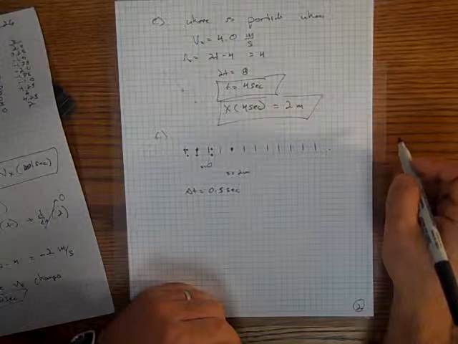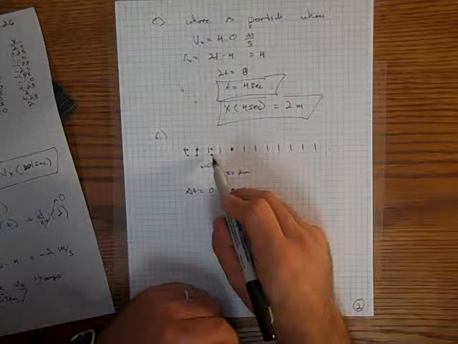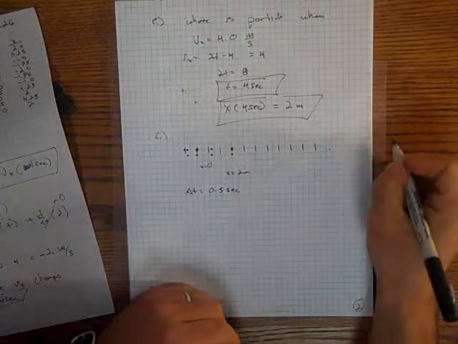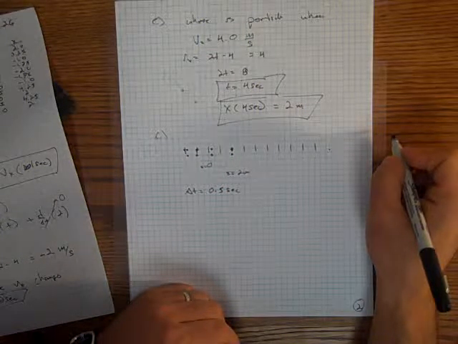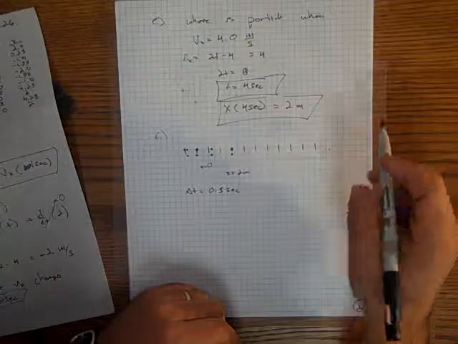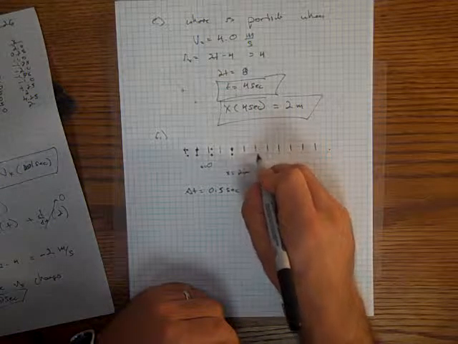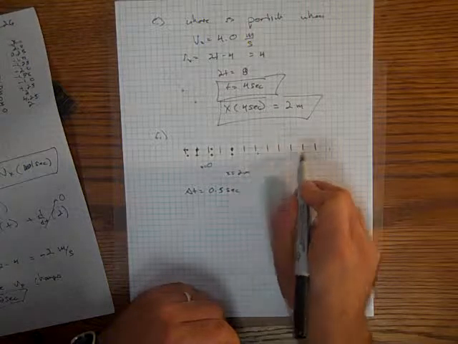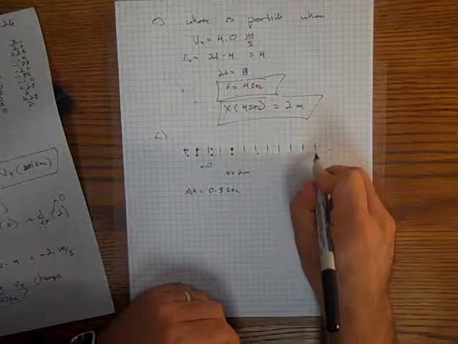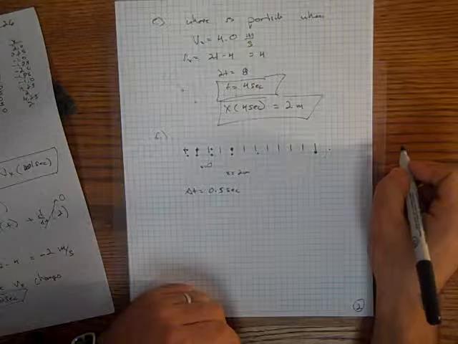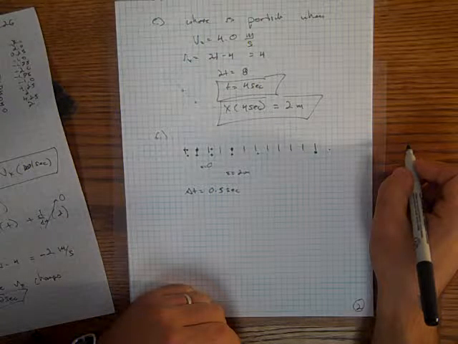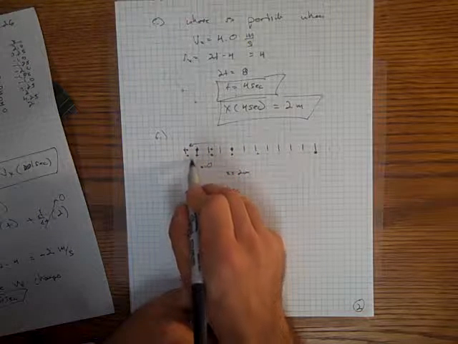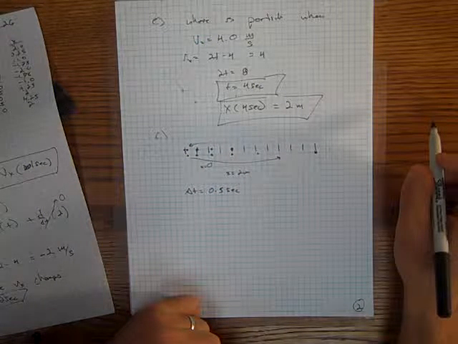And then the next time we are at 2, so that's 1, 2, so we're back where we started. And then the time after that, we're at 4.25, so 2, 3, 4.25, we're at here. Notice that the separation between the dots is getting larger. And then finally, at 5 seconds, I'm way out here. Okay? So try to follow kind of in this manner, and then in that manner, that dot diagram.